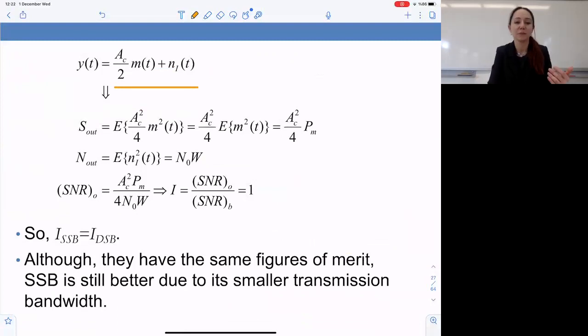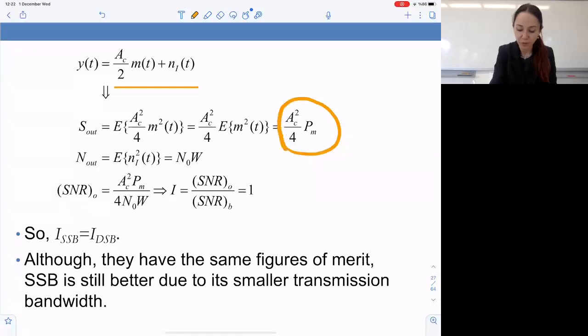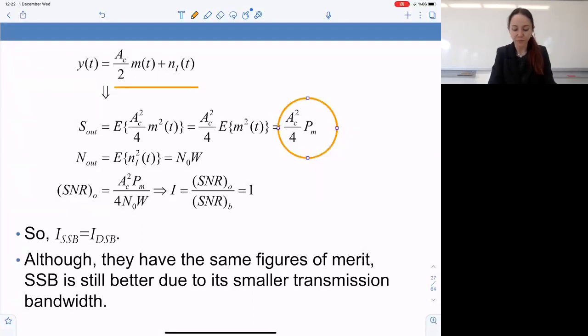Actually, one quarter as much: AC squared over 4 PM. And the output noise is N naught W, which is half as much as the double sideband case. So when you compute SNRO, it is AC squared PM over 4 N naught W.